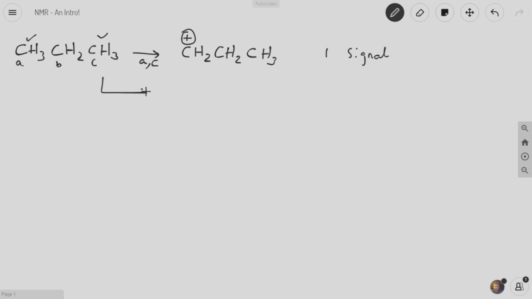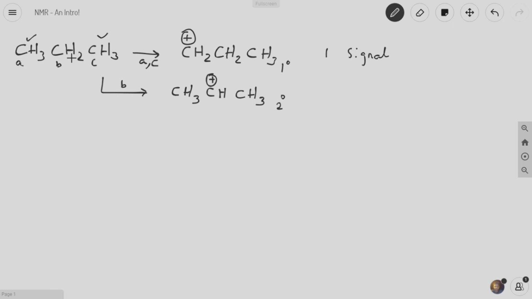If I remove a proton from B, it will give you CH3, CH+, CH3. The previous one is a primary carbocation, whereas in the second case we get a secondary carbocation.